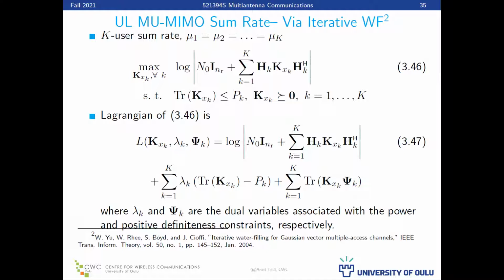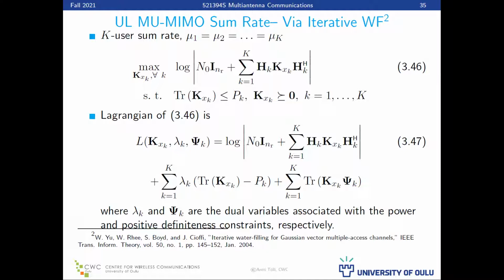We have a concave objective function, and all the constraints are separate, constrained by individual user-specific power constraints.